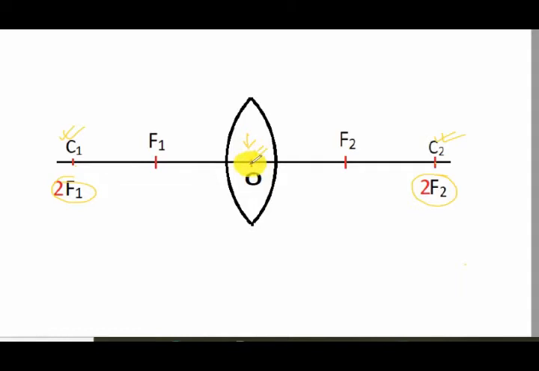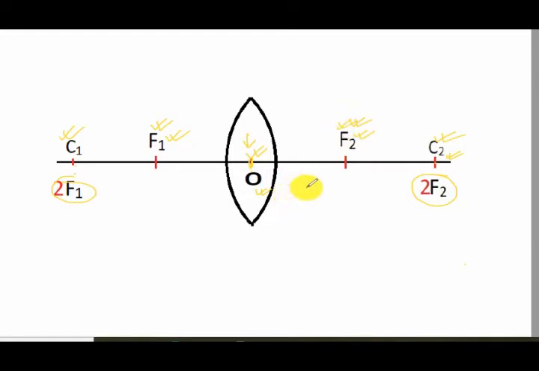After this, I have put new points F1 and F2 here. Take the two points O and C1. The midpoint of C1 and O is written as F1. Then again, the line joining O and C2 has another midpoint, which is your F2.